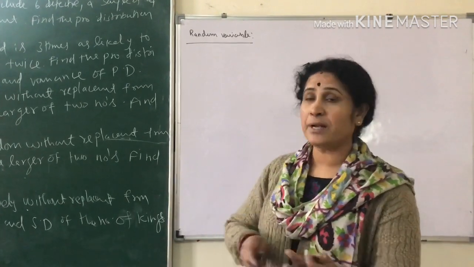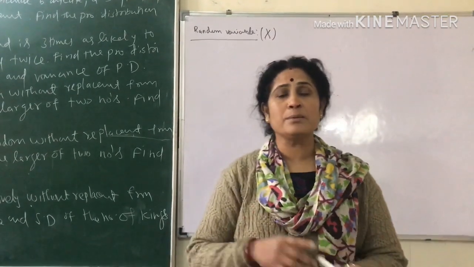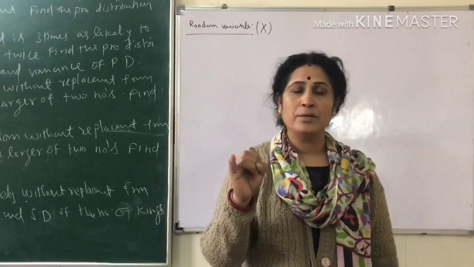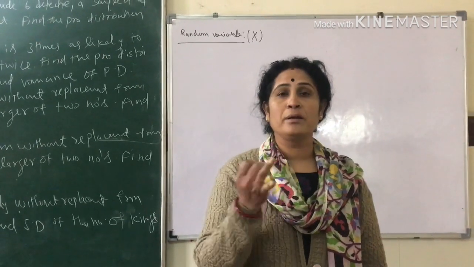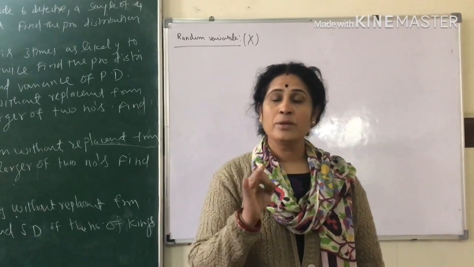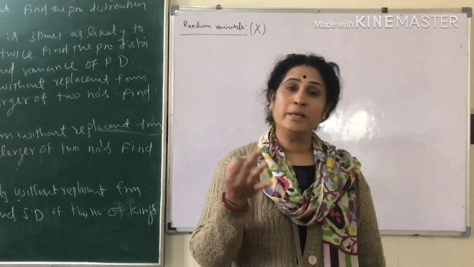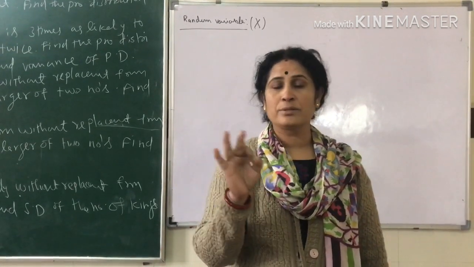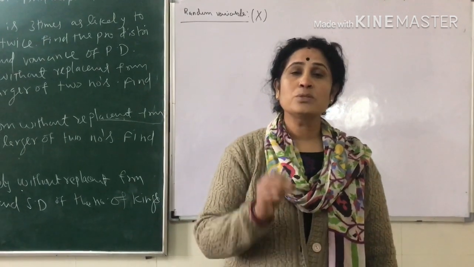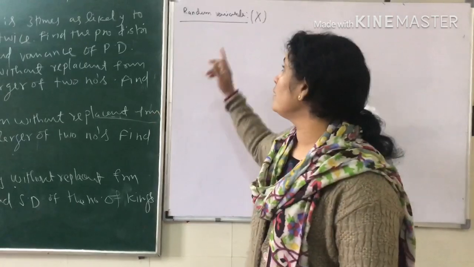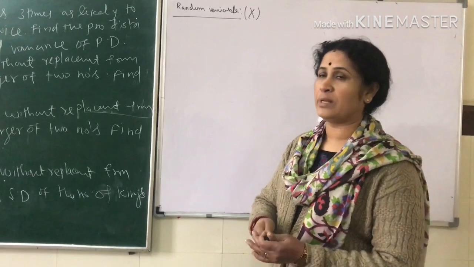This random variable is denoted by capital X. Zero success means no head, that is triple T. One success means 1 head, like TTH, HTT or THT, and 2 successes means HHT, THH, then HTH, and 3 successes means 3 heads, that is triple H. So what I told you, a random variable means the success can be listed in numbers. That is called a random variable.